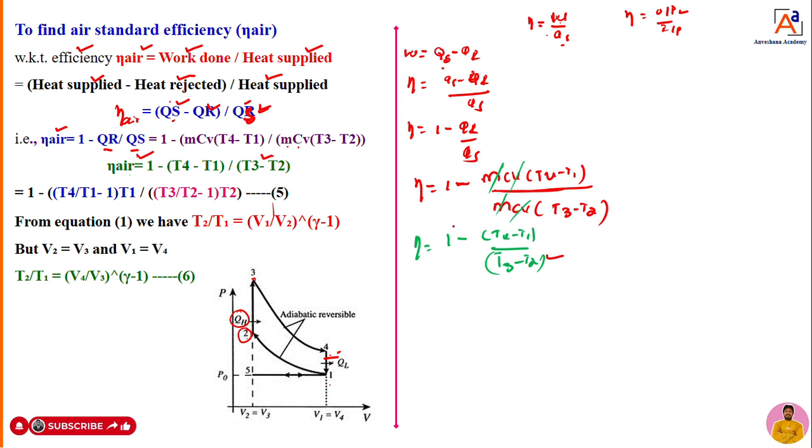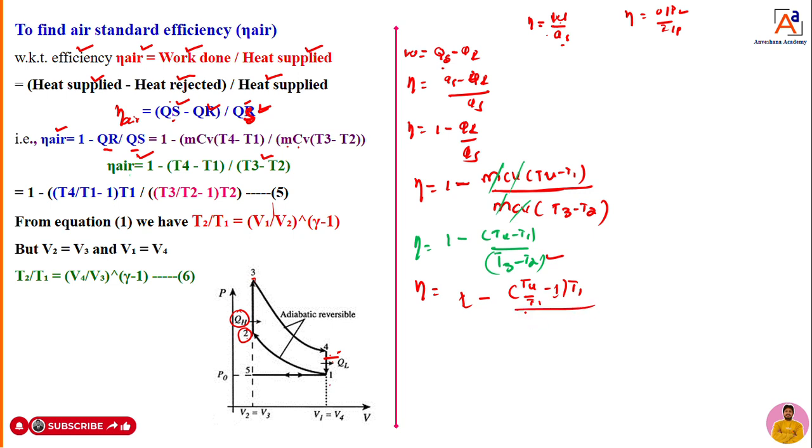Once done, I will make small changes here, dear students. The same equation I will modify and write like this: 1 minus, I will take T1 outside, so T4 divided by T1 minus 1, into T1. I am taking T1 outside in the numerator.